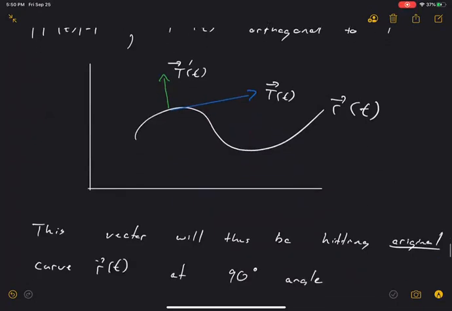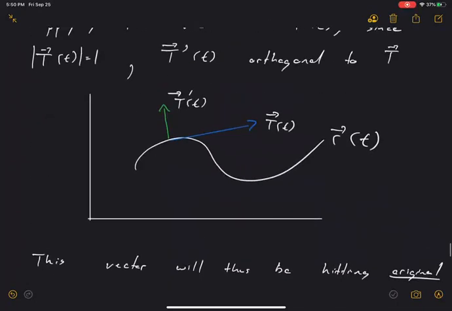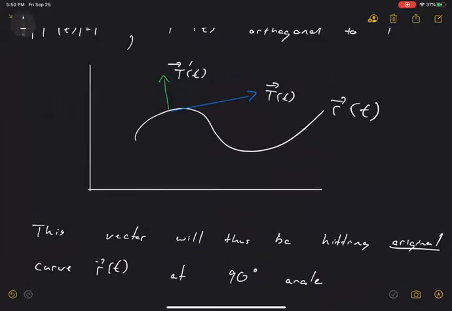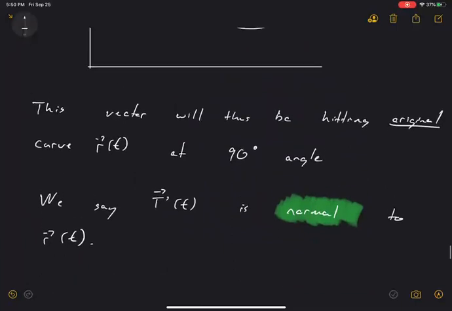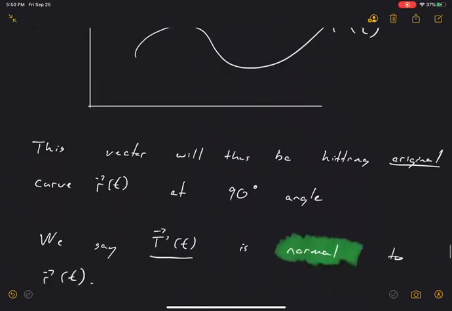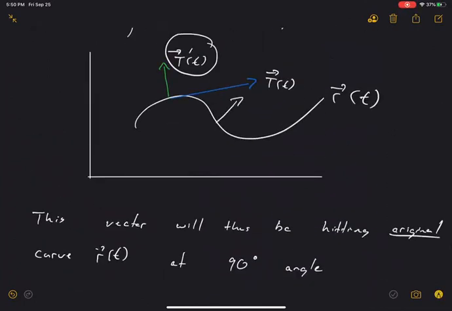This idea of being kind of orthogonal to my curve, we would say this vector is normal to my curve r of t at that point. So that's the definition of that term, normal. We say that T prime of t is normal to my curve r of t at that point, and we can find T prime of t all along this curve.